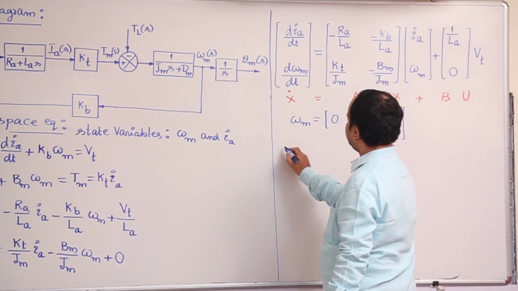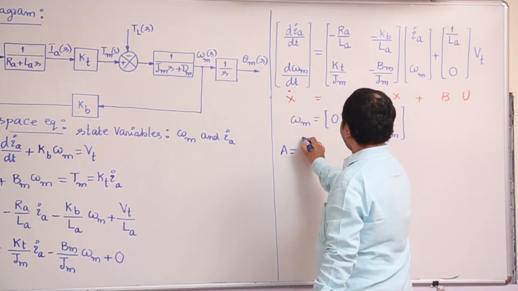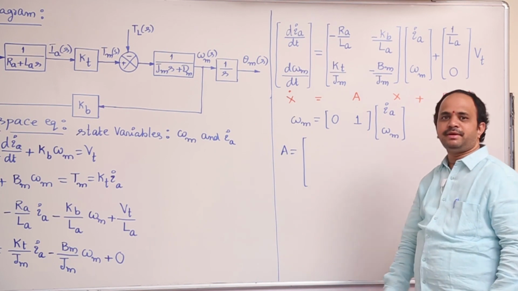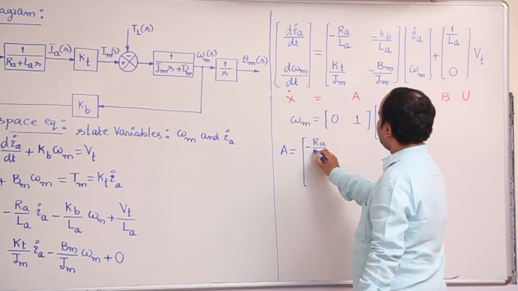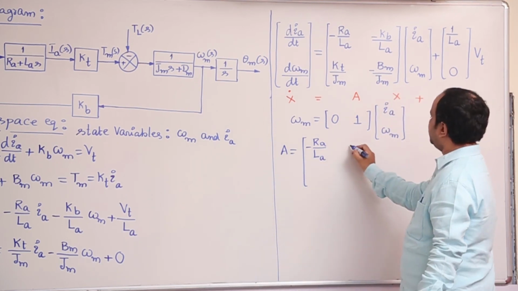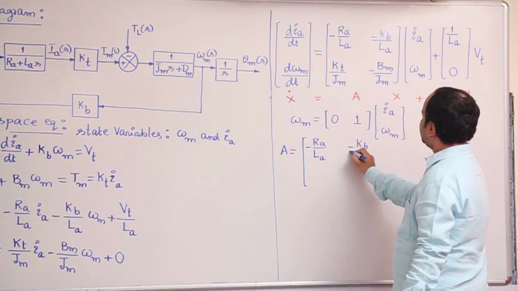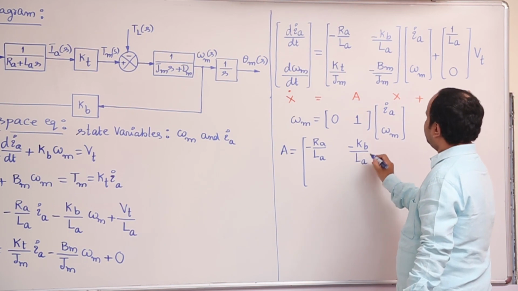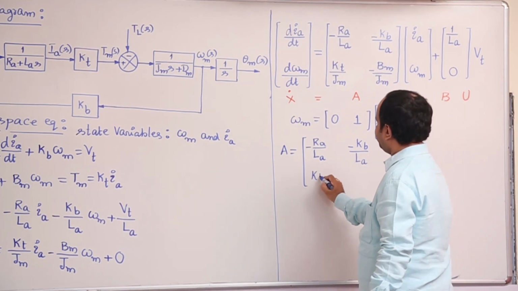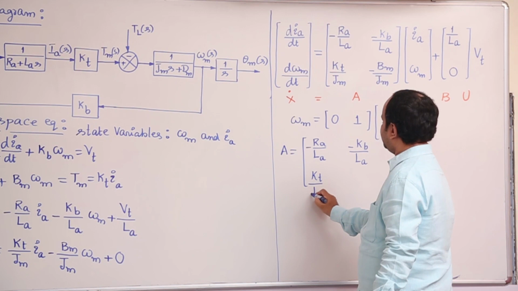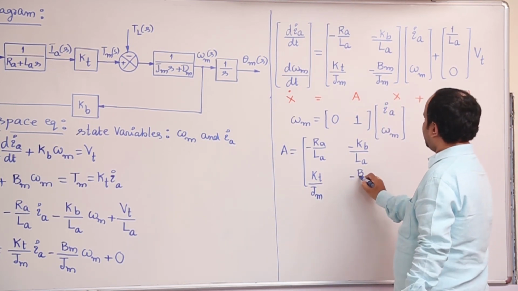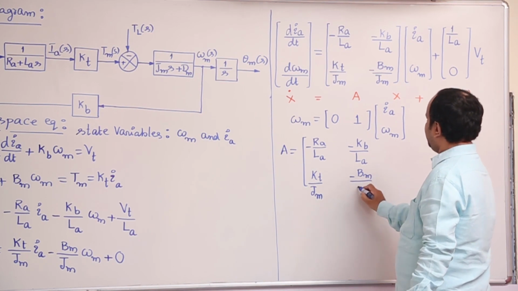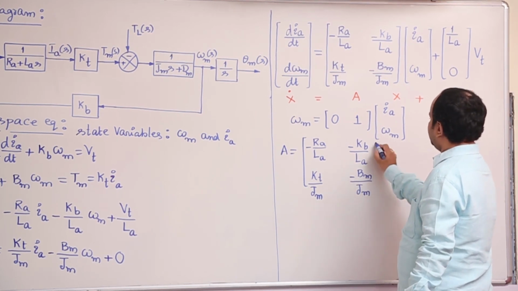Therefore, finally, the state matrix is minus Ra by La, minus Kb by La, Kt by Jm, minus Bm upon Jm.